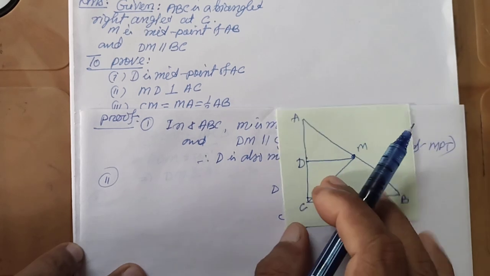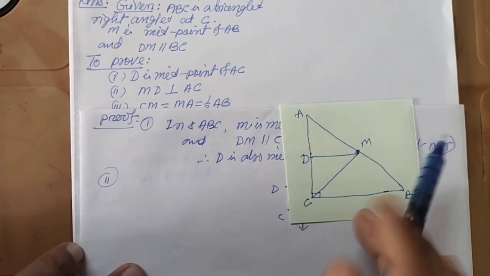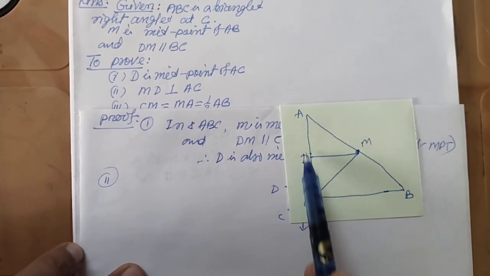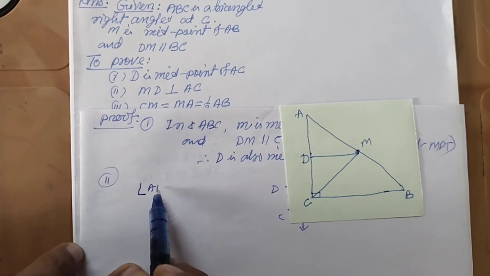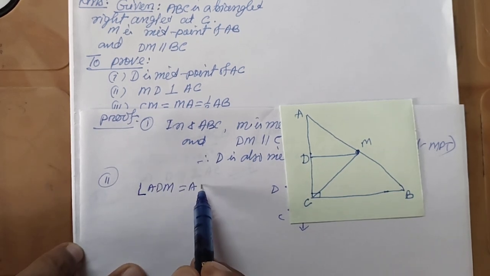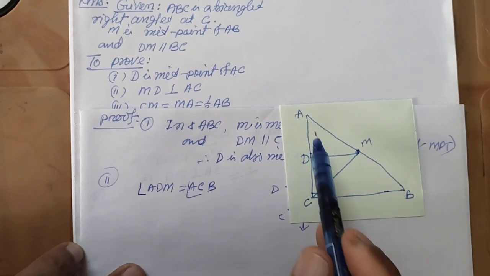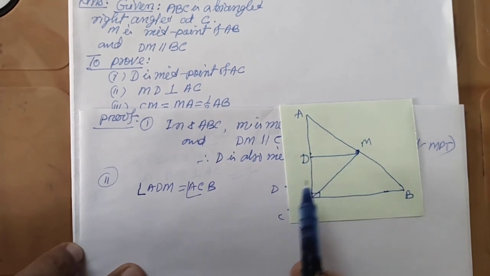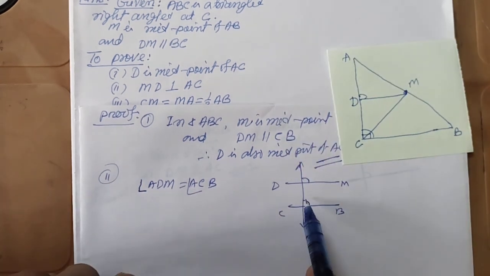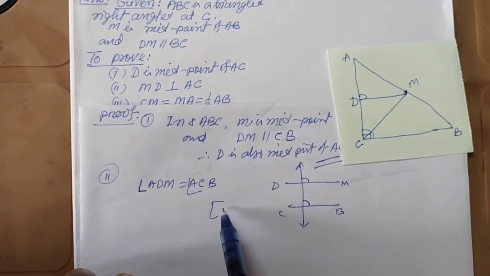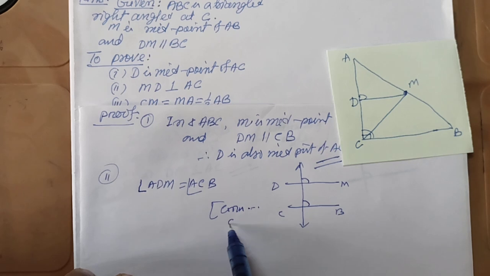So these two angles must be the same because they are corresponding angles. That means angle ADM is equal to angle ACB. As I have shown here, you will mention they are corresponding angles.